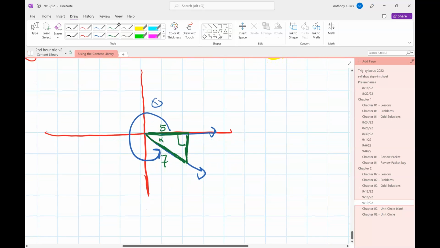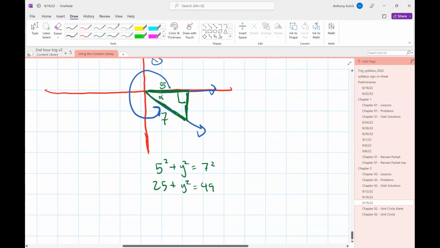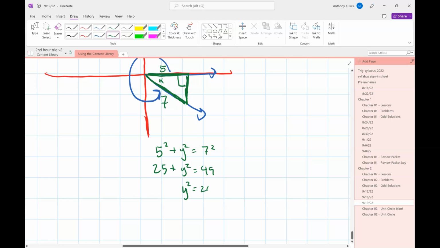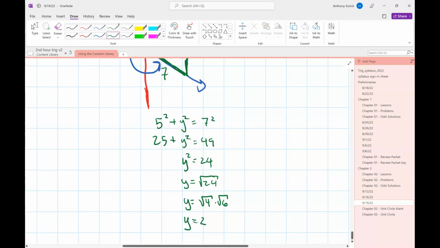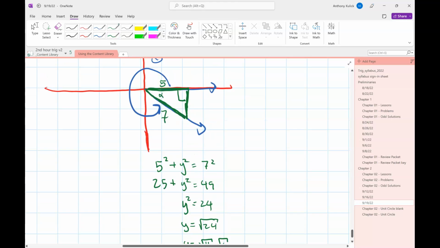How about the Pythagorean theorem? And remember, to simplify a radical, I'm looking for factors that are perfect squares. So that's 2 root 6.